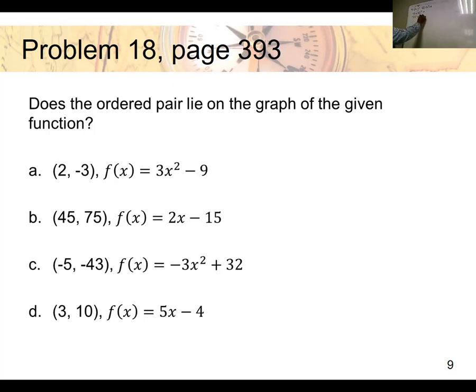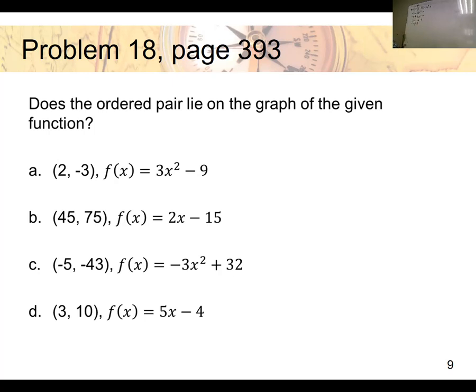So that'd be 3 times 4 minus 9. And then 3 times 4 would be 12. And if I subtract 9 from 12, I'm going to get 3. This is a false statement.